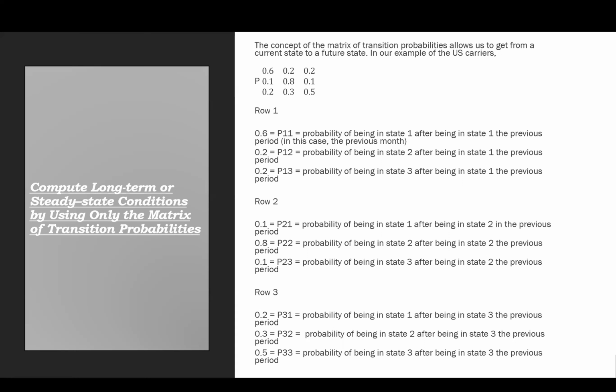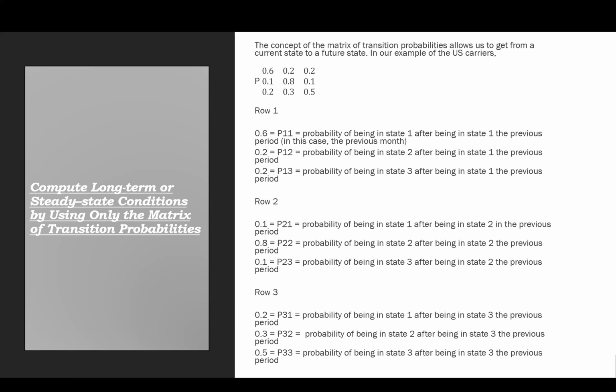As you can see here, 0.6 is the probability of being in state 1 after being in state 1 in the previous period, which means staying with Verizon. So a customer purchases a plan from Verizon and decides next month to continue with the company. Then we have 0.2, which is the probability of being in state 2 after being in state 1.